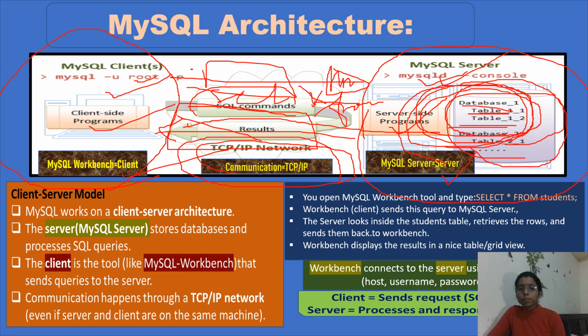In short, the client sends the request to the server, and the server processes it, searches that particular table inside that database, fetches the data and responds to the MySQL client tool, the Workbench. Then Workbench displays that result in the form of a grid view or table form.